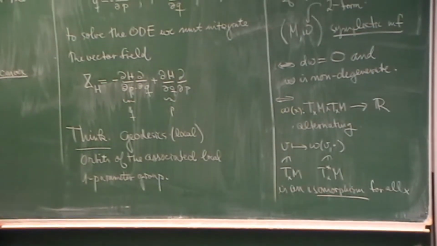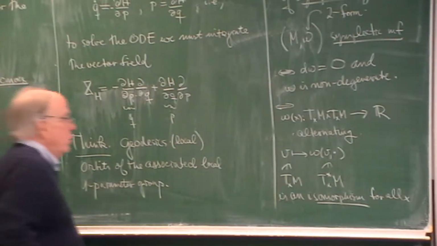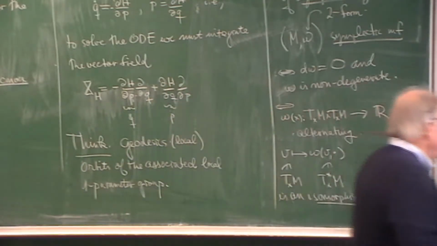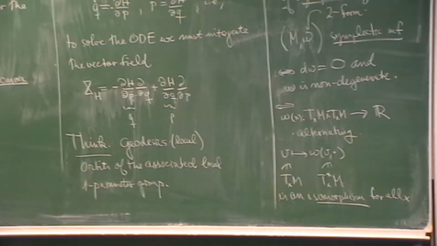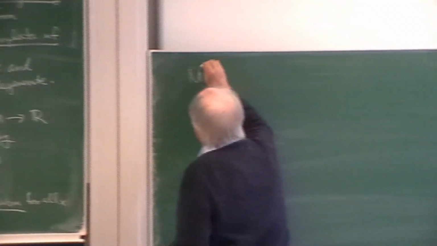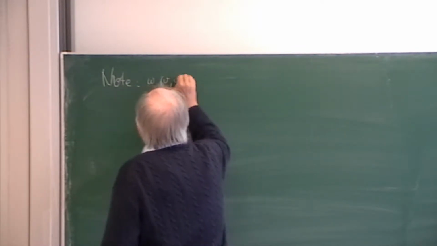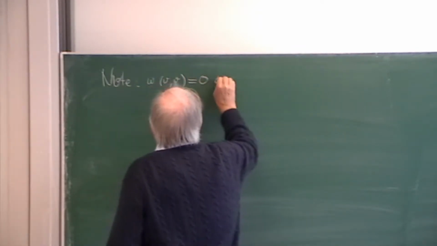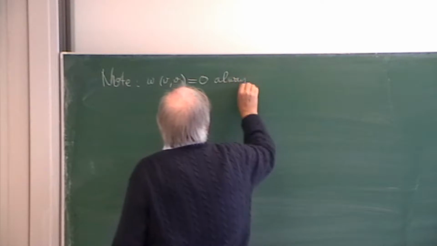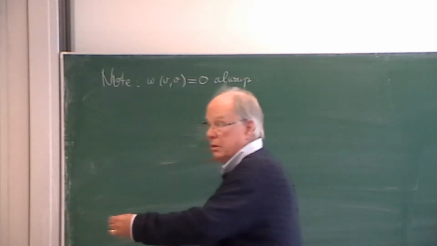So obviously there are many vectors of norm 0, if you think of this as a norm. So note, almost everything you think of at first, note omega vv is always 0, right, because it's alternating.